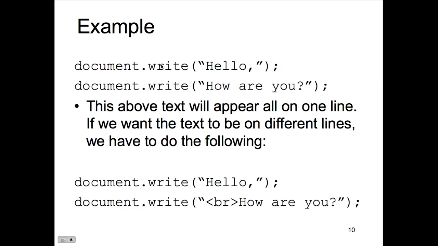It's going to string things all together. Word wrap, essentially. No new lines. So document write's not going to put one thing next to the other thing. So if we said hello, comma, how are you, it's going to print it hello, comma, how are you. So the text above appears all in one line. If you want to make sure it's on different lines, then you go BR for line break, how are you, and put a line break in between.